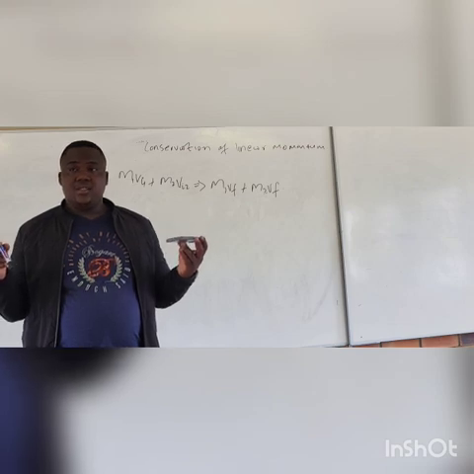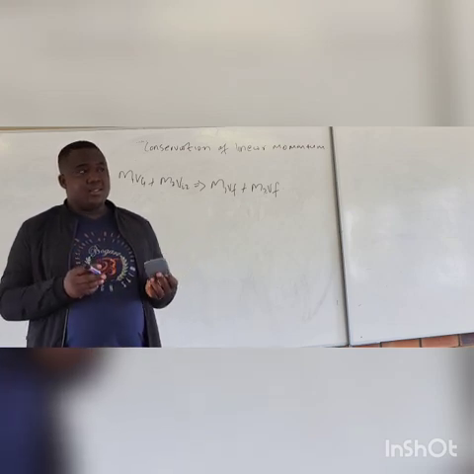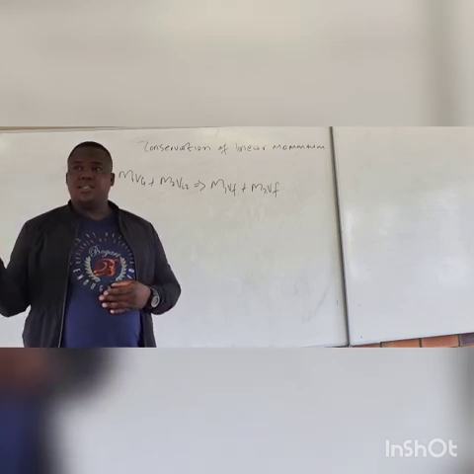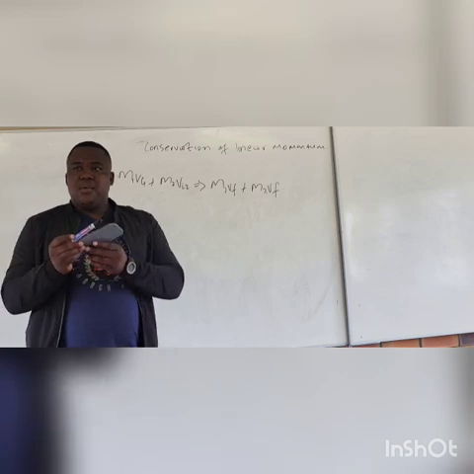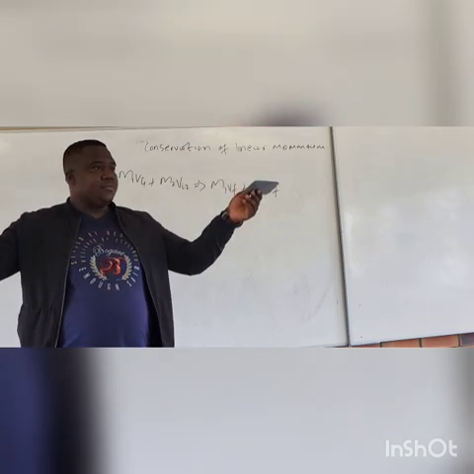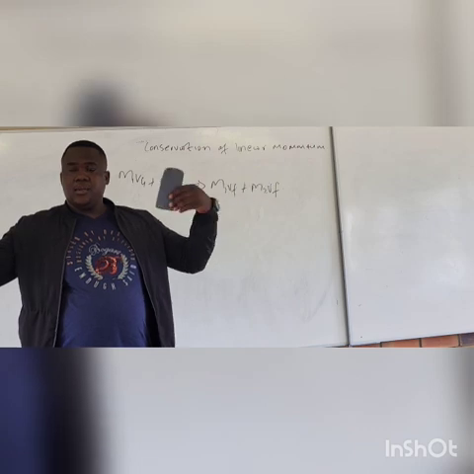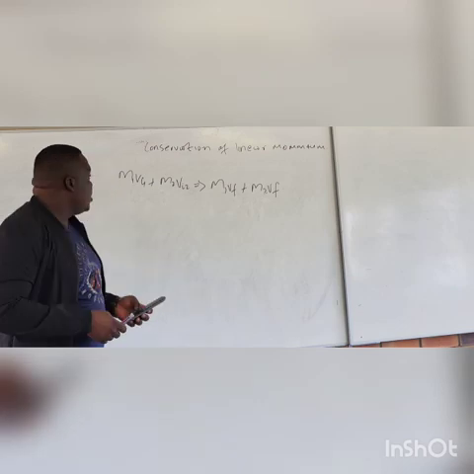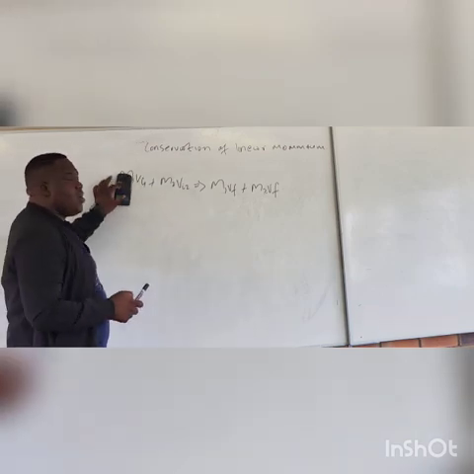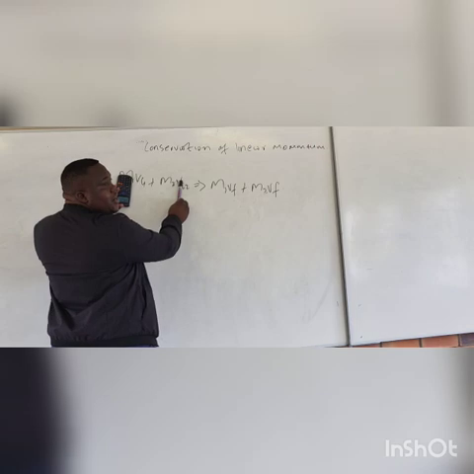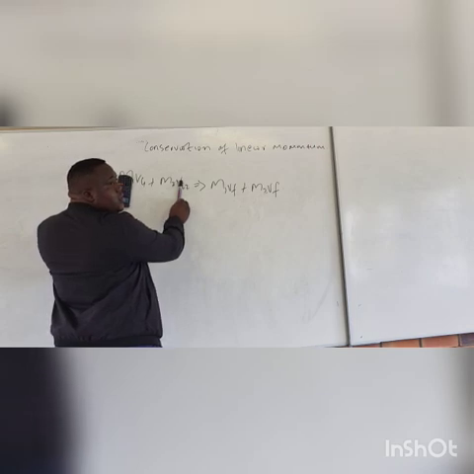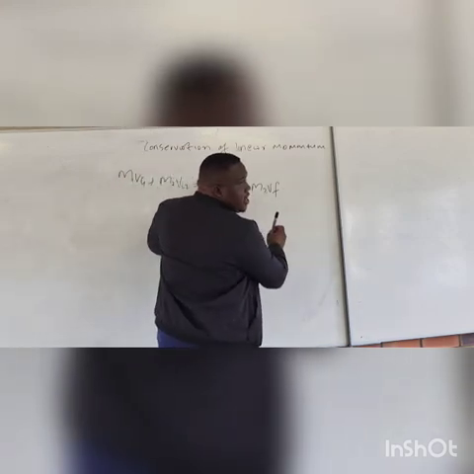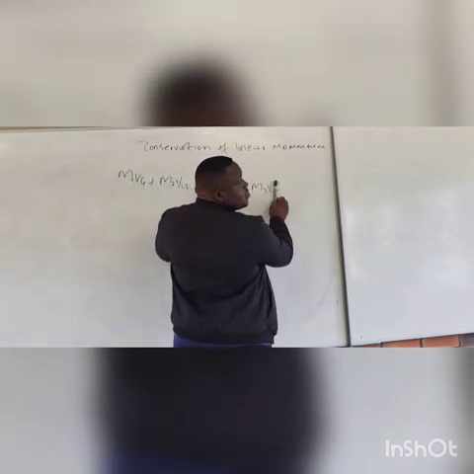Since we have two cars, we're talking about the momentum of this one and the momentum of this one. This is the initial momentum of this one, and this is the final momentum of this one. And this is the final momentum of the other.